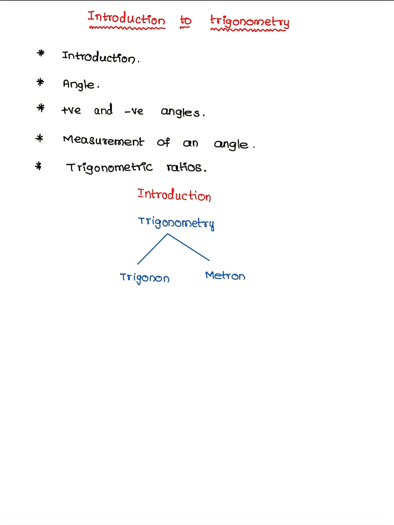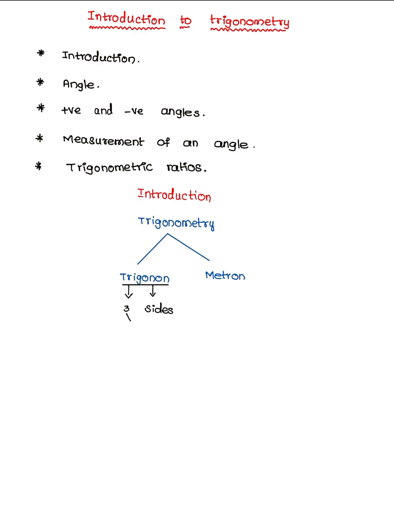And what is the meaning of these two words? Let us understand. Here again this trigonon, there are two words. One is tri and the other one is gonon. So tri means 3. Gonon means sides. So a 3-sided figure or 3-sided polygon.